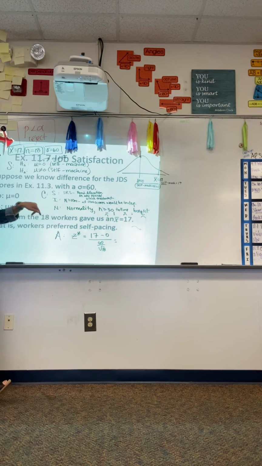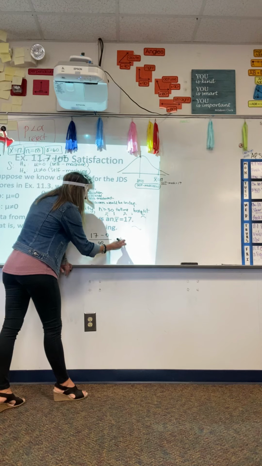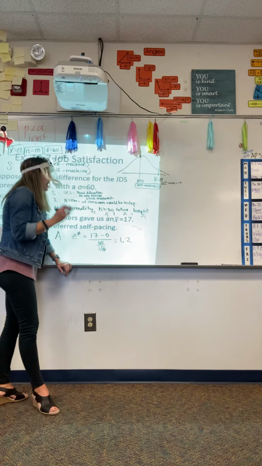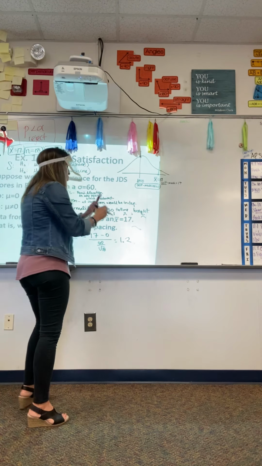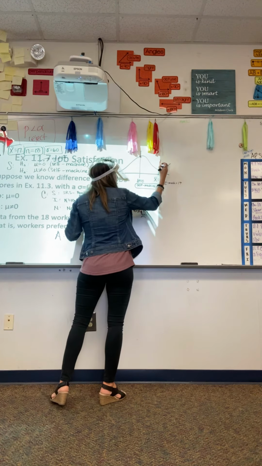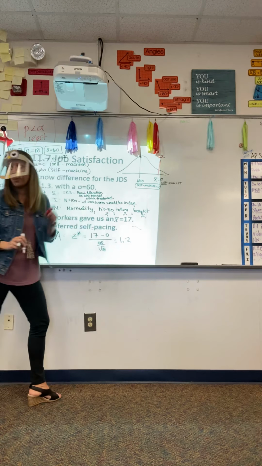Let's put this in. Did anybody put this in yet? What'd you get? 1.2? Okay, so I get 1.2. Now, the bad part about this is our Z star is 1.2, so I know that this is 1.2 standard deviations above the mean.